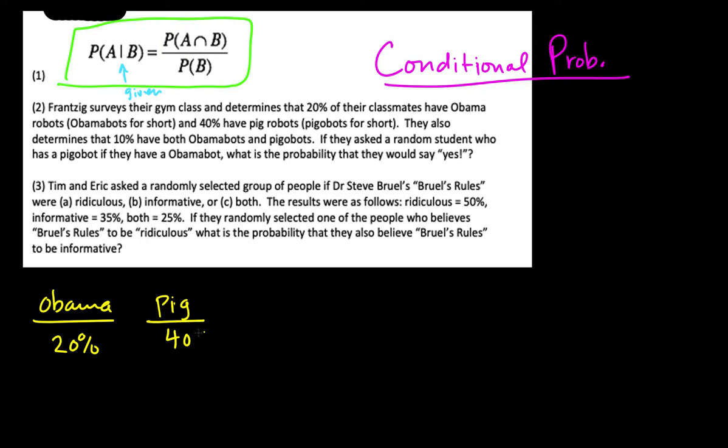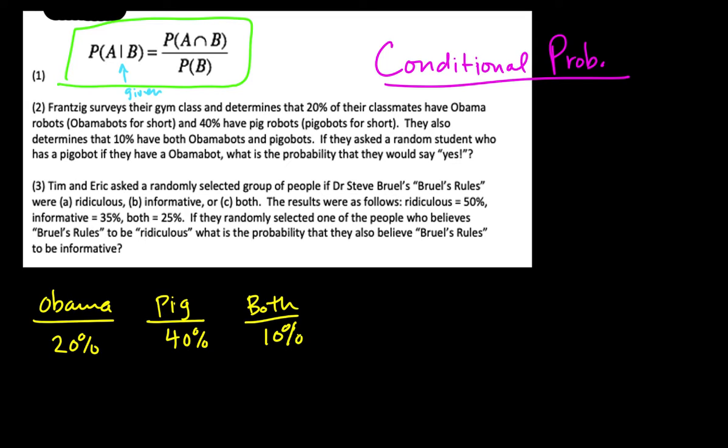That's 40%. They also determine that 10% have both. If they asked a random student who has a Pigobot if they have an Obamabot, what is the probability that they would say yes?